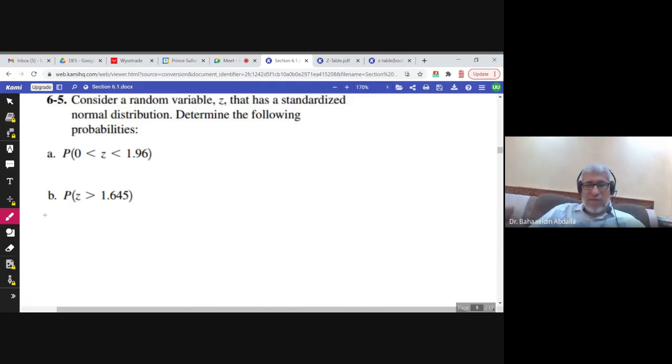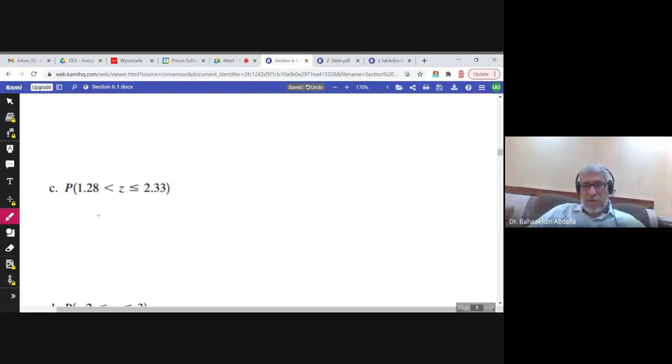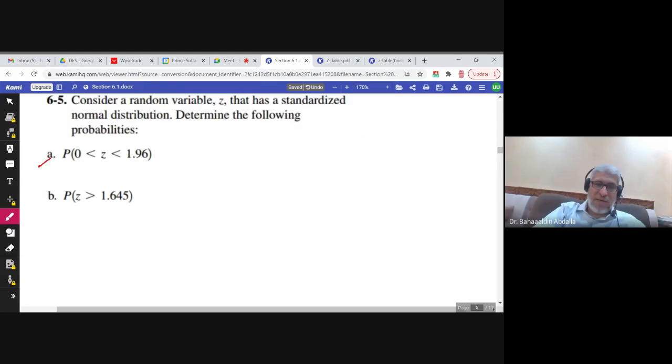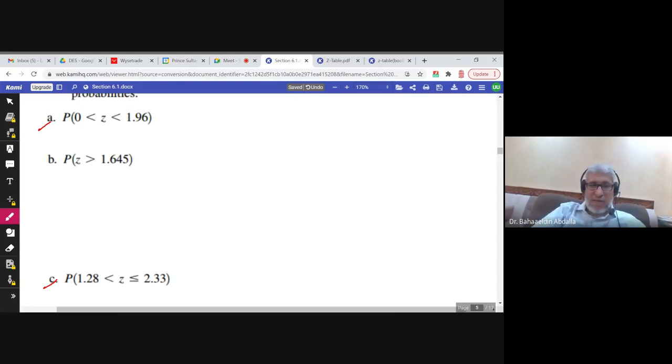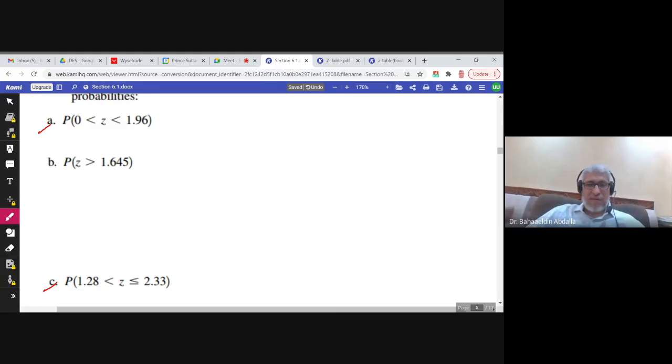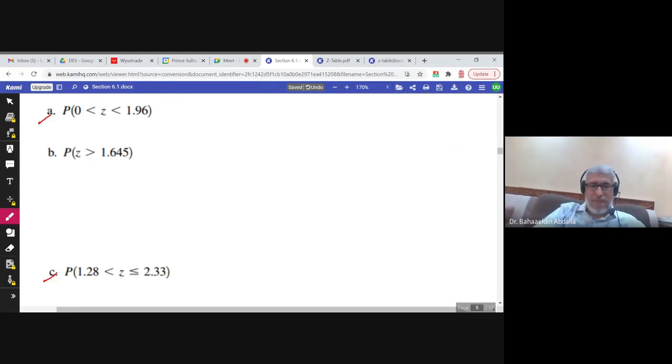This one you can find directly from the table. And here you have two positive numbers. Please do the same process which I taught you. And this one, negative and positive, you will add the two areas. Greater than -1. Let me try this one and this one. Okay, let me try B and E.